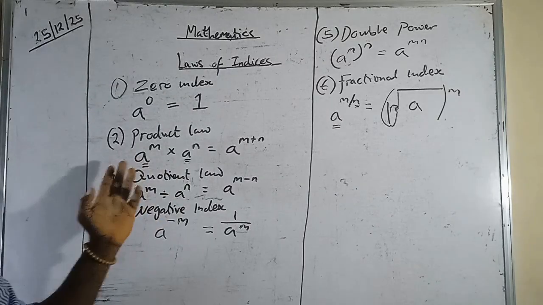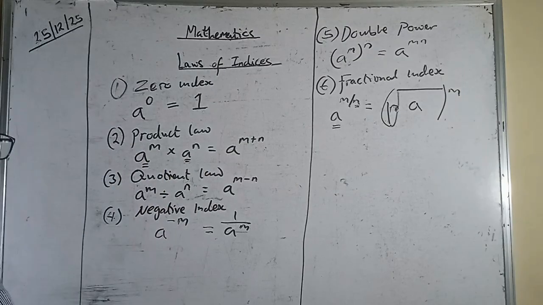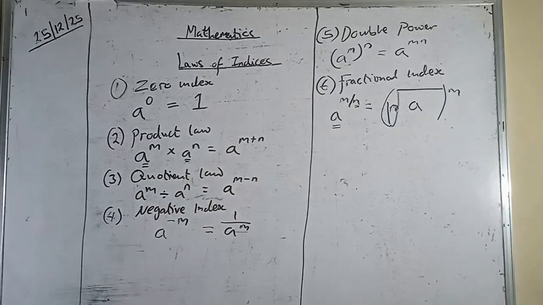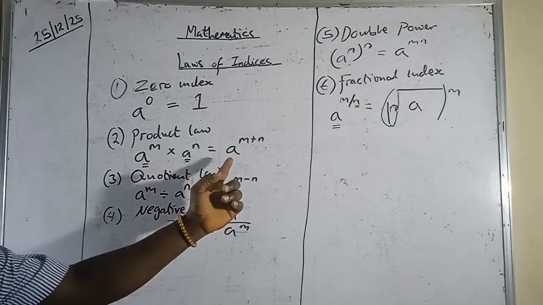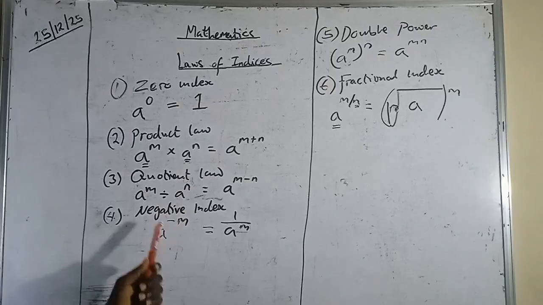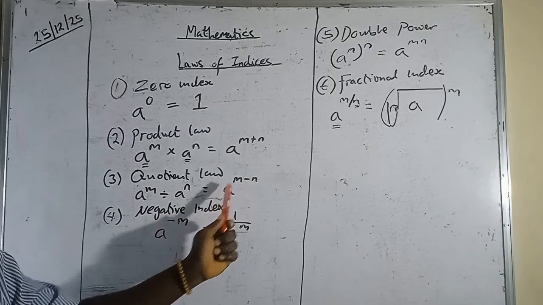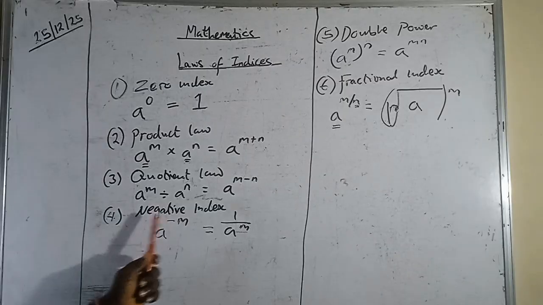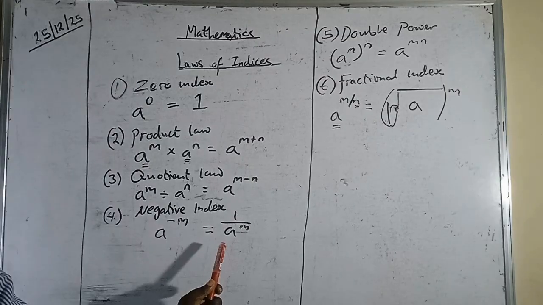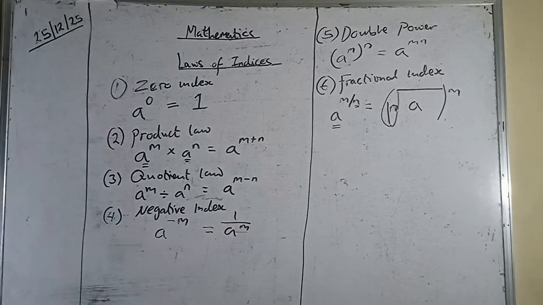Then the product law, 2 terms joined together with multiplication. Once their bases are equal, you pick one, and you add the powers if it is a product. Quotient, you pick the base, then you subtract the powers. Negative index, you introduce 1 to cancel the minus, and everything will be written as the denominator.